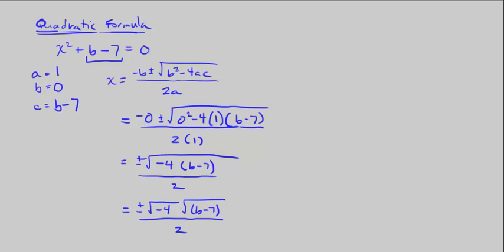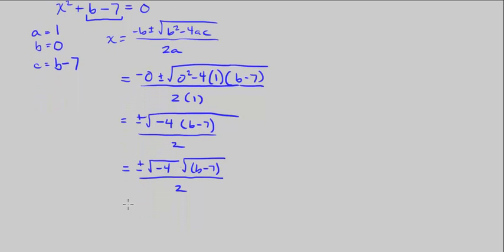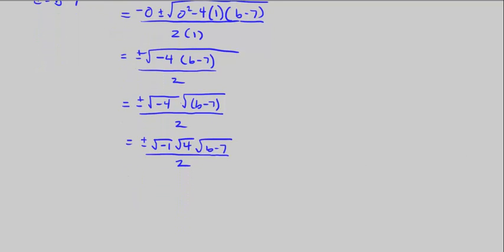And why am I doing this? Because we are able to do that one more time. What is the square root of negative 4? That's the same thing as the square root of negative 1 times the square root of 4, times the square root of b minus 7. I'm going to just break them up like that so we can see how this simplifies.